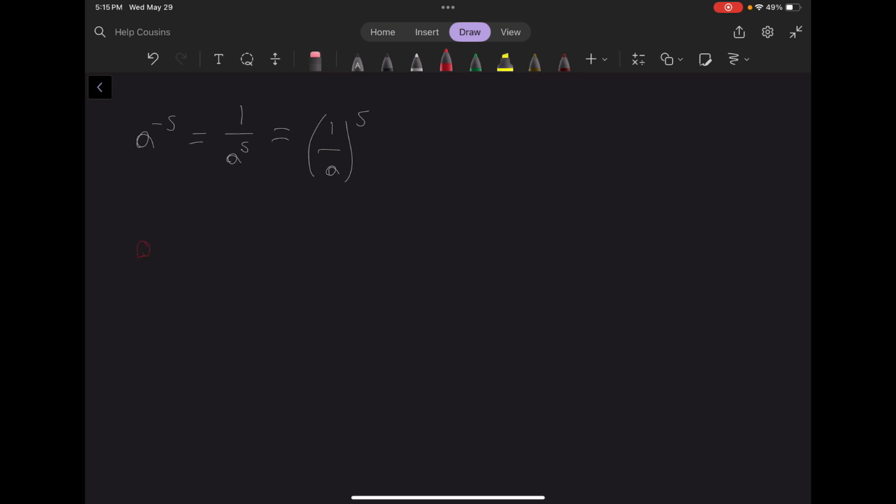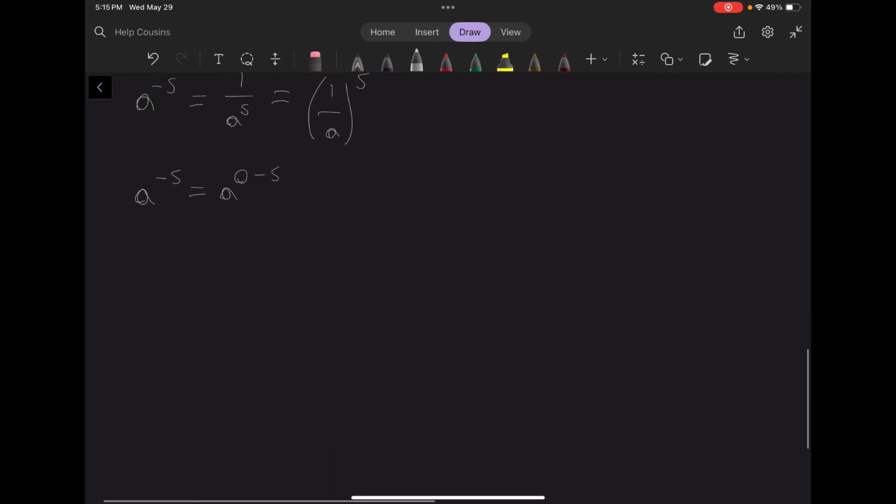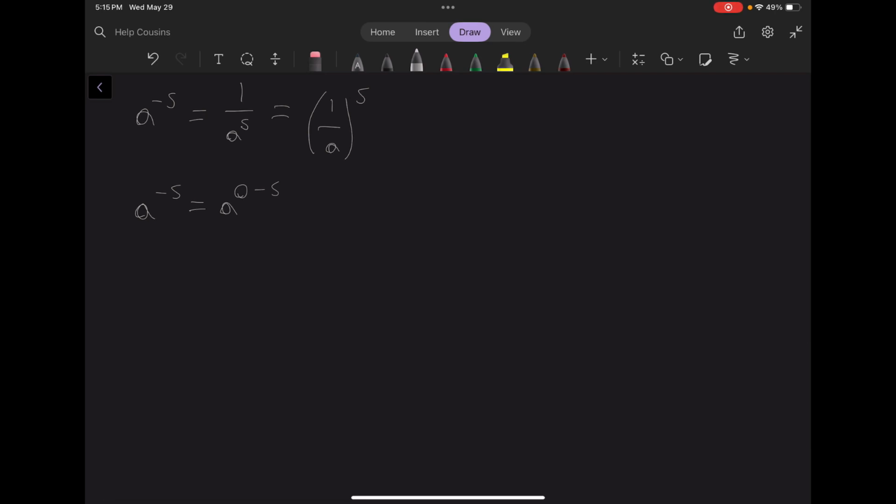You can simplify a to the negative s to be equal to a to 0 minus s. And as we saw with the multiplication rule earlier, instead of a plus sign, you have a negative sign.